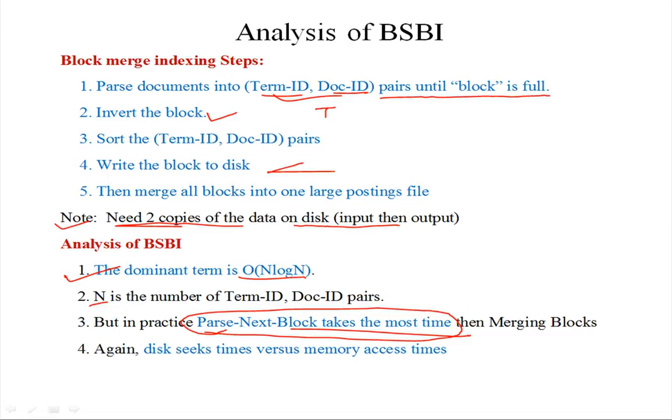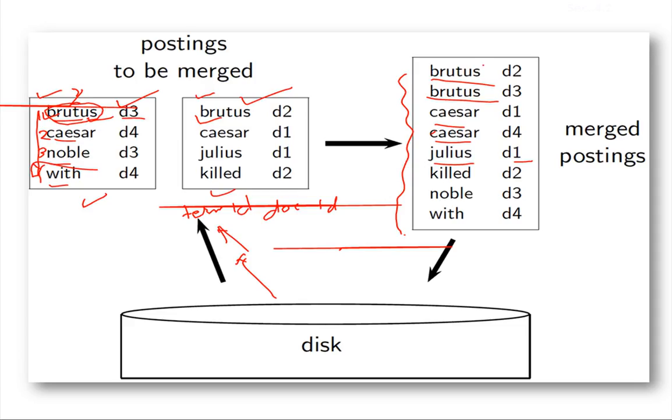The problem is that such an algorithm maintains a dictionary, and parsing the next block means that after parsing this block, when you start another block, it will take a lot of time because we manage a dictionary.